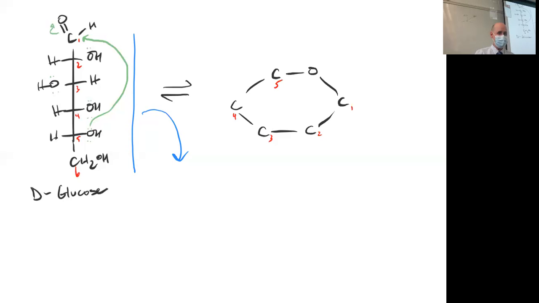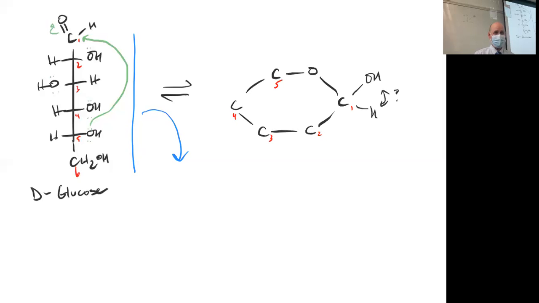So the way that I've drawn it here, it would be up, but this carbon is not chiral, so it can spin around any way it wants to. So this carbon is actually flexible, and sometimes it'll be up and sometimes it'll be down. And so carbon number 1 is not defined because it wasn't chiral in the first place.